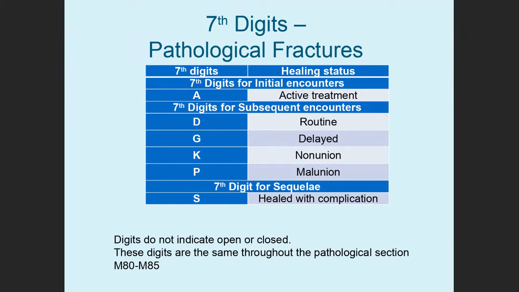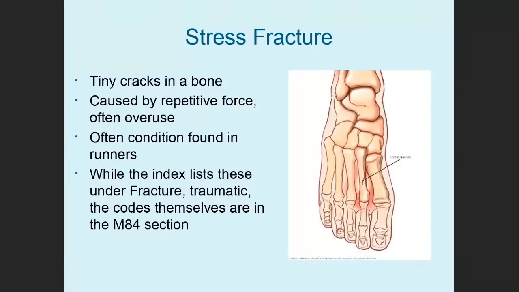You don't have those table and then another table and then another table within the same category. So you have active treatment, which is an A, subsequent encounter, just D, G, K, and P, routine, delayed, nonunion, malunion, and then sequelae S, healed with a complication. So much easier, many fewer digits.